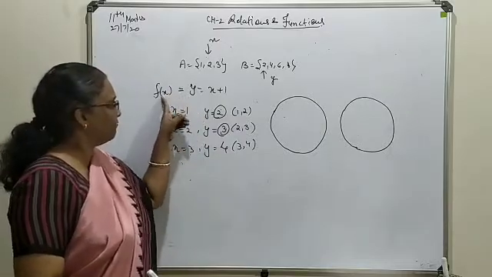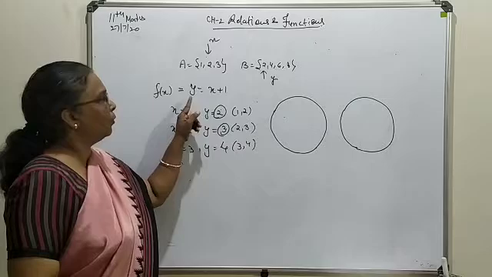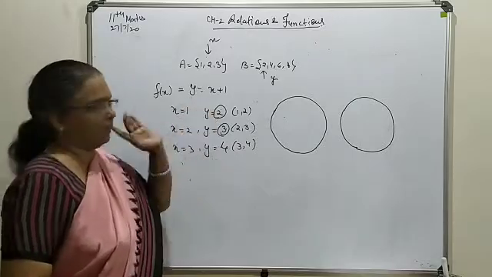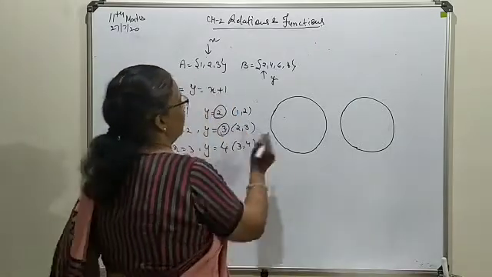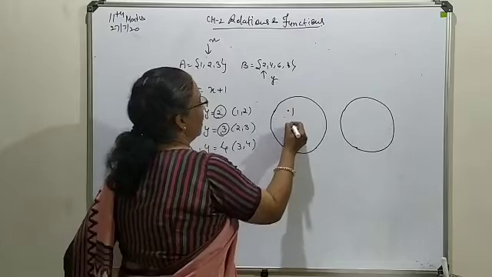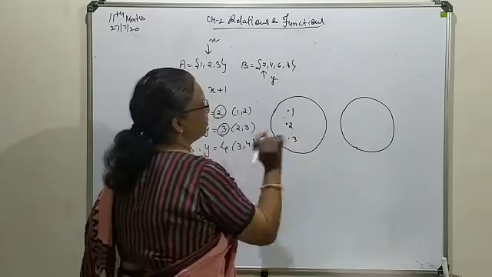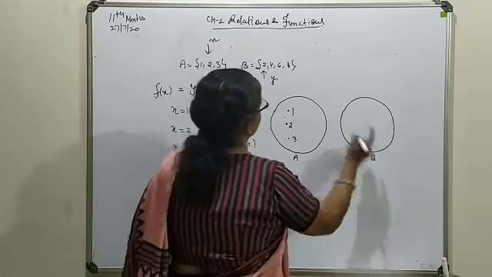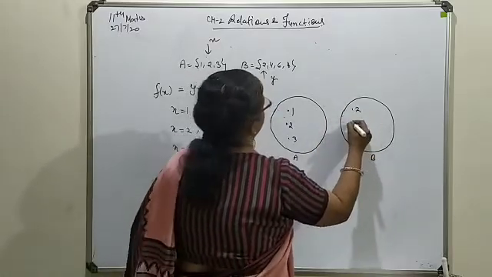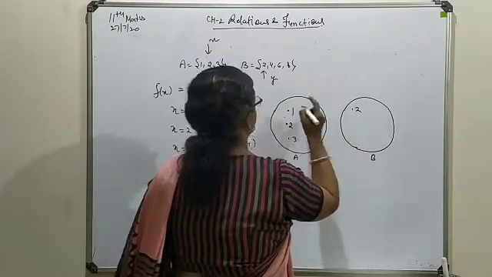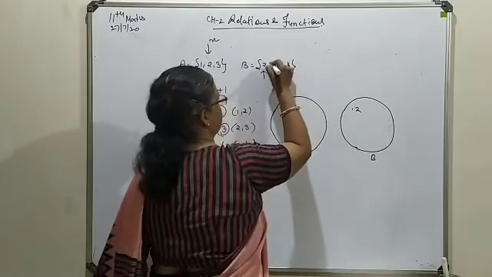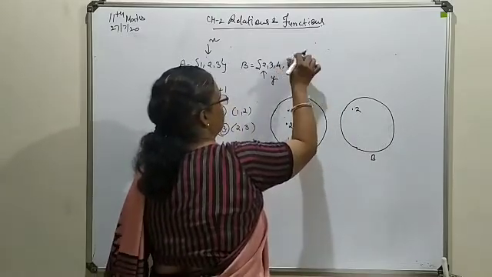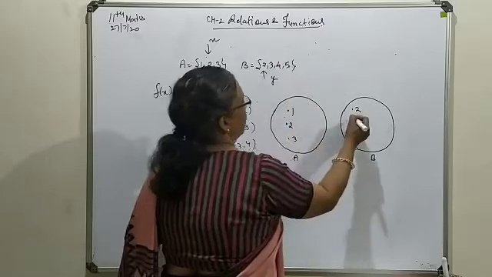So if you write f(x) or you write y, both have the same meaning. Now in set A we had 3 elements, 1, 2 and 3. This is set A. This is set B containing these elements.